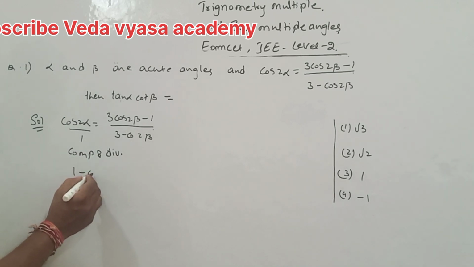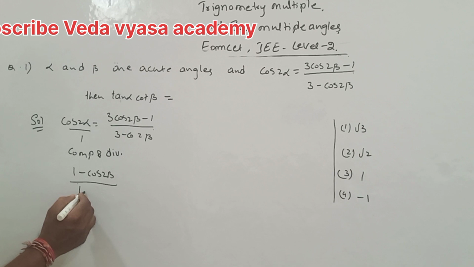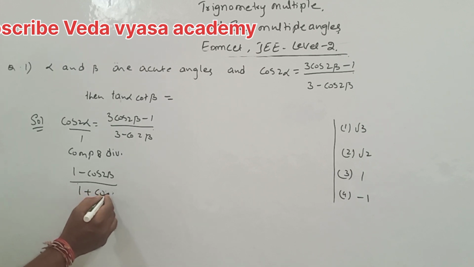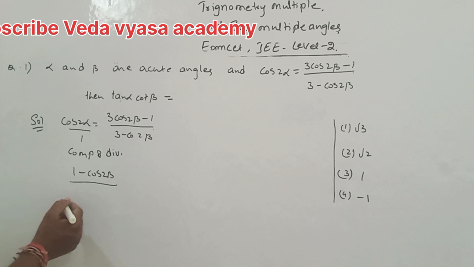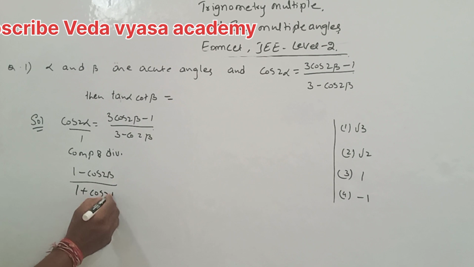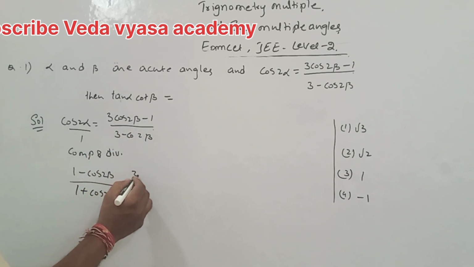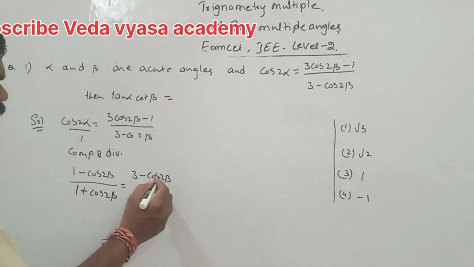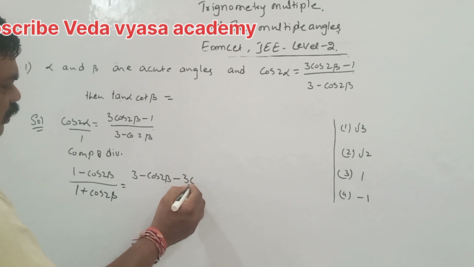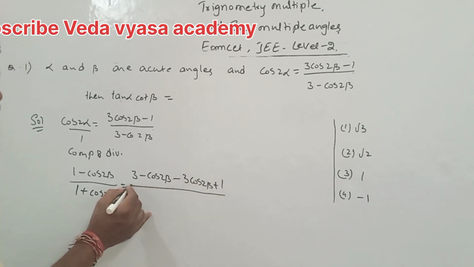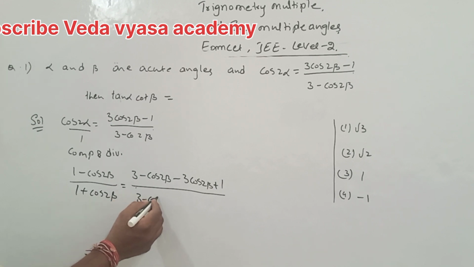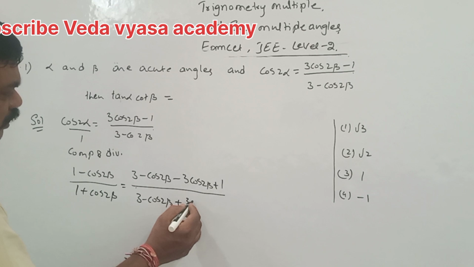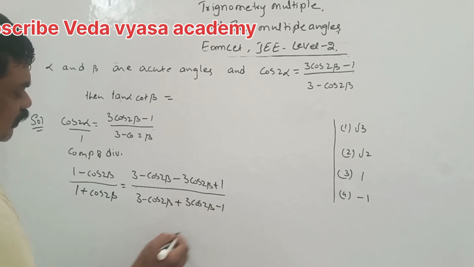So 1 minus cos 2 alpha by 1 plus cos 2 alpha is equal to, on the right side, (3 minus cos 2 beta minus 3 cos 2 beta plus 1) by (3 minus cos 2 beta plus 3 cos 2 beta minus 1).